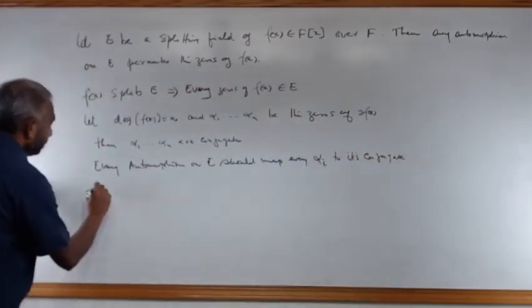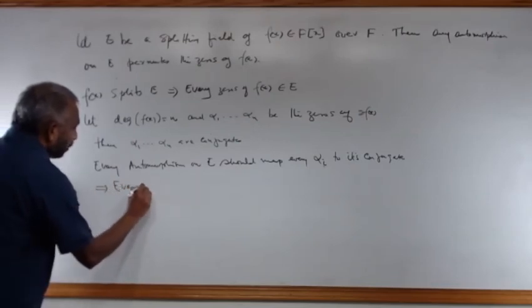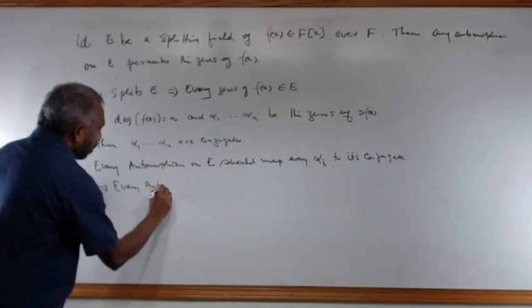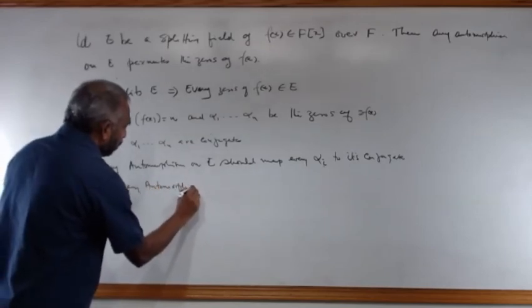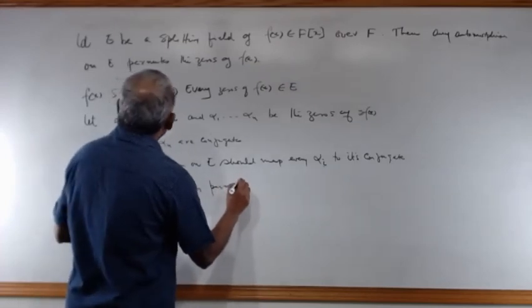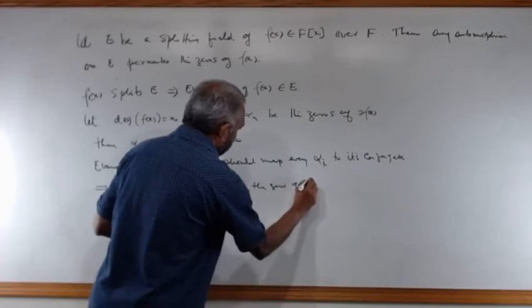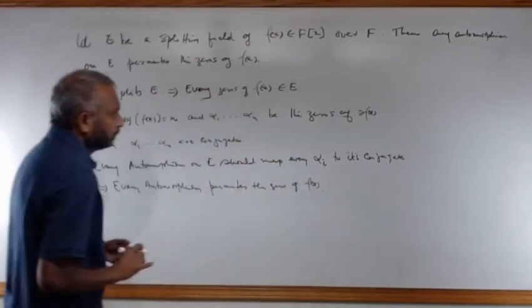And that means every automorphism permutes the zeros of f of x.